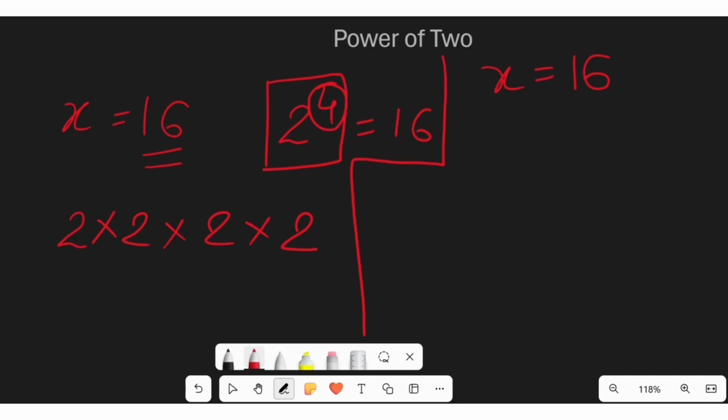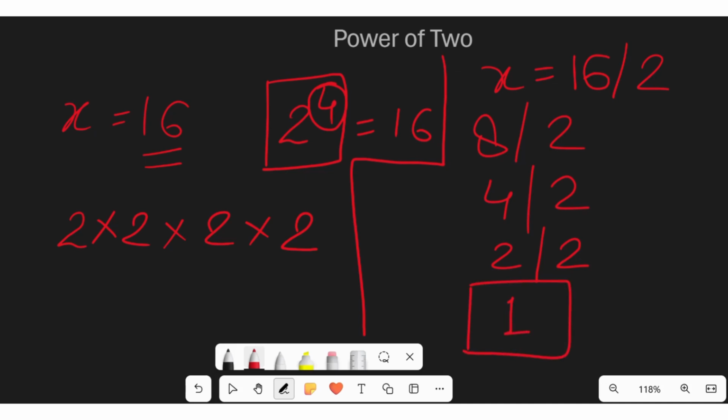Let's suppose we have the number 16 and we divide it by 2, it will result in 8. When 8 is divided by 2, it will result in 4. 4 divided by 2 results in 2, and 2 divided by 2 comes out to be 1. We can see that after a certain number of divisions by 2 we get the result 1. So we can say that this number 16 can be represented as a power of 2.